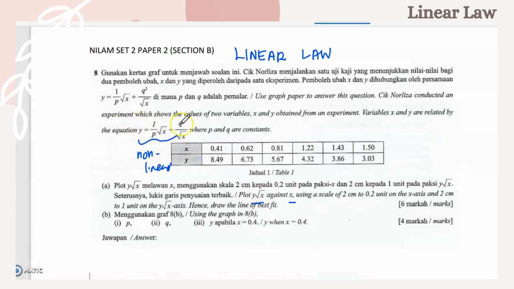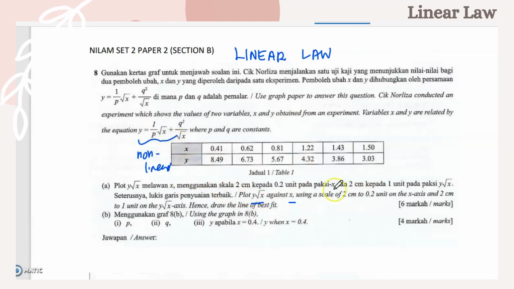Okay, so it means that from the original nonlinear equation, you have to multiply with square root of x, to make y become y square root of x. Mana kat sini kita kena multiply dengan square root of x untuk reduce dia kepada bentuk linear form.